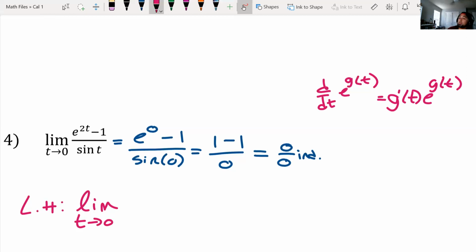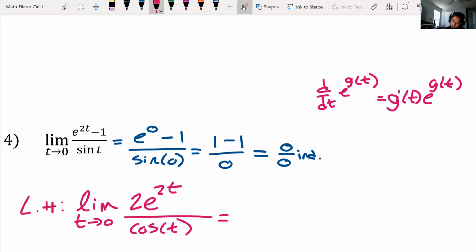So what would the derivative of e to the 2t be? E to the 2t times 2. That's it. Or 2e to the 2t over cosine t.